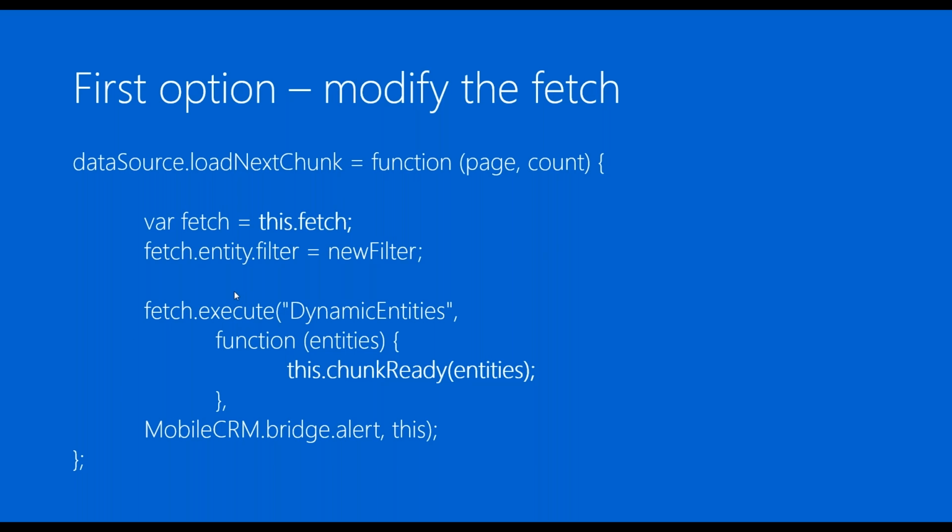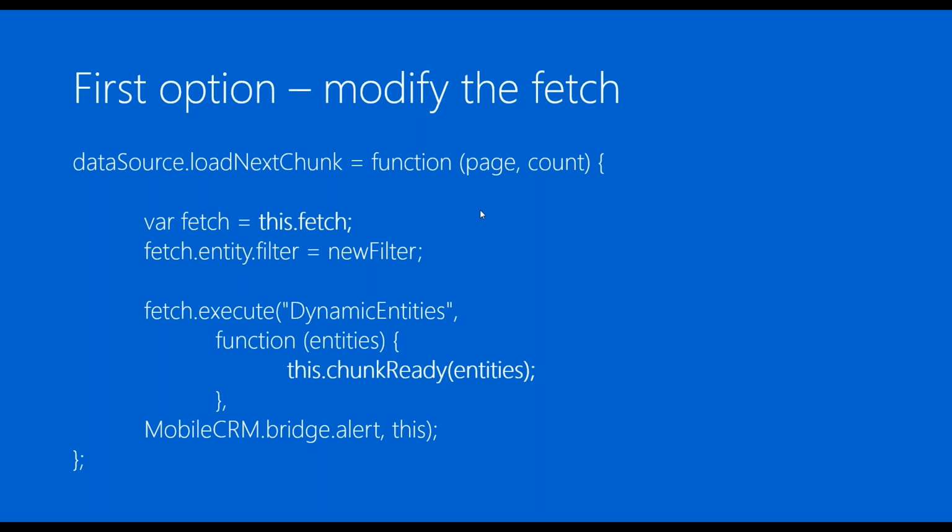So when you have the results, when you have the records, you can call chunk ready and provide the entities. Also, please notice that this load next chunk is working with pages. So when our view is shown to the user, it requests only the first page with a bunch of records.